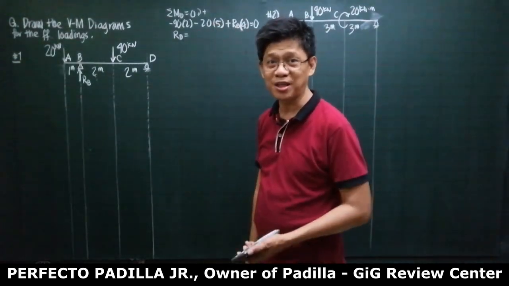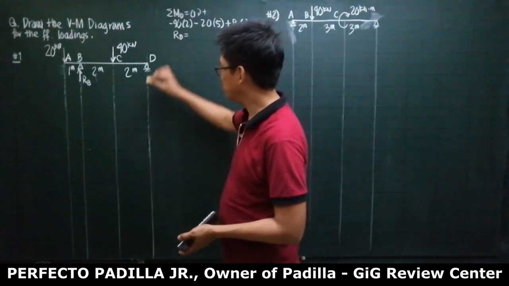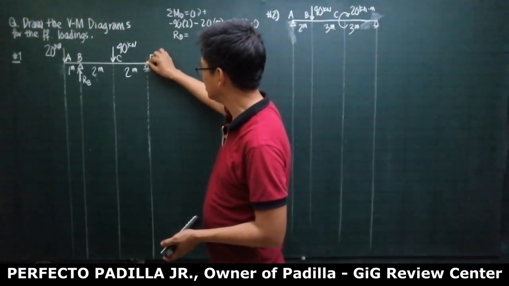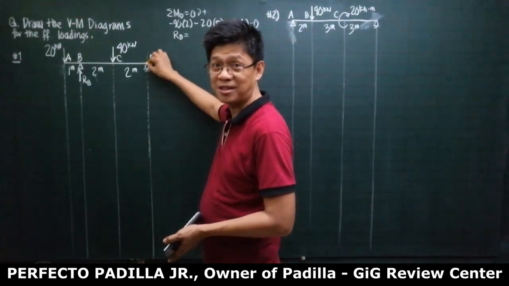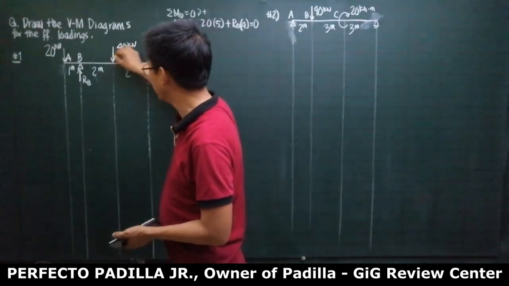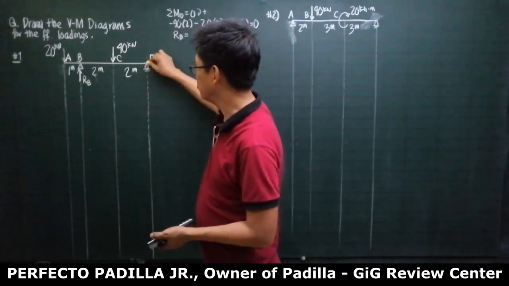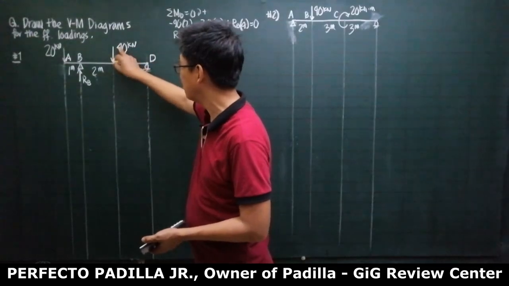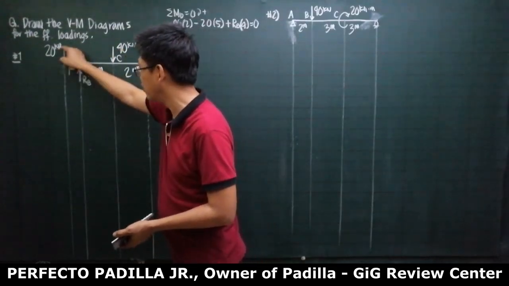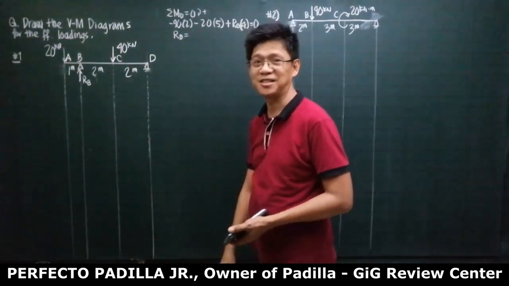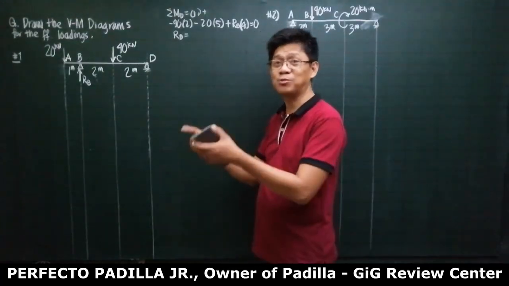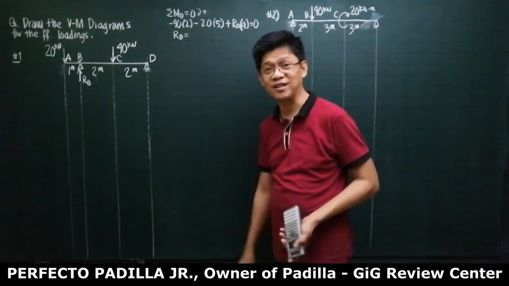I also have what I so-called the U method. If this is your point where you'll take the moment, you just turn from here, then back there. So it would be the distance times the force, the distance times the force divided by the distance. Okay? So force times distance, moment over distance.